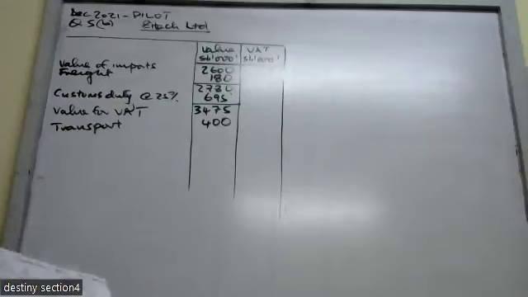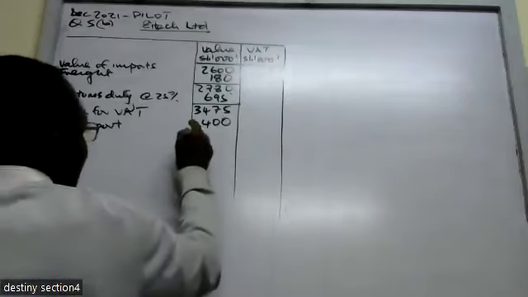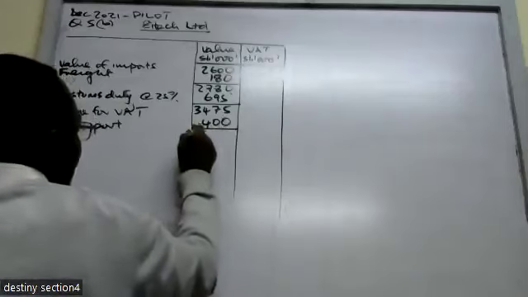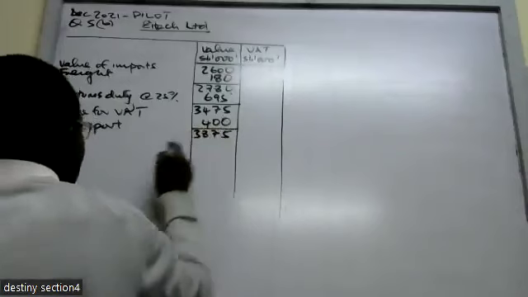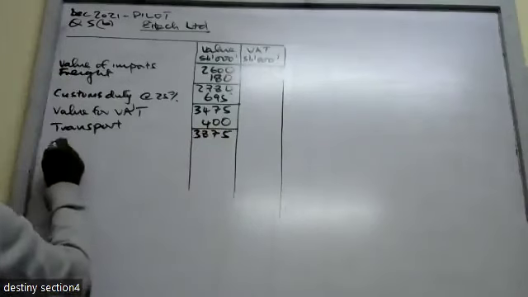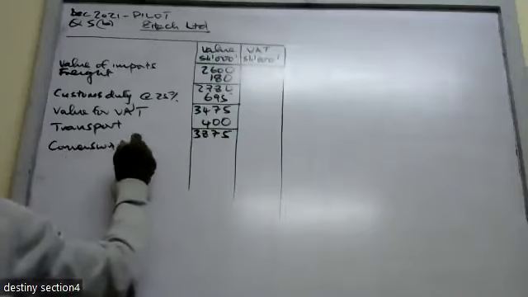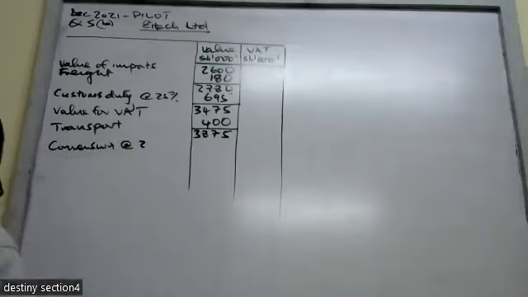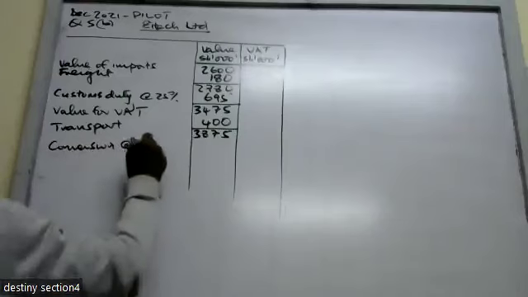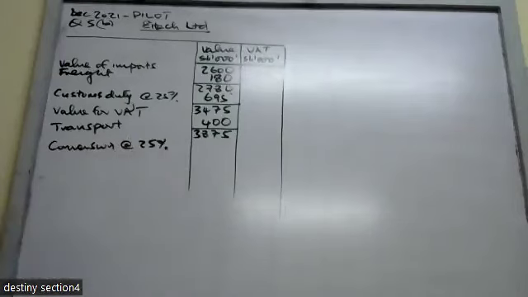So you add transport here, it's 400. By the time the goods get to the warehouse, the cost is 3,875. Then I incur conversion. Conversion is labor, maybe overheads, and so on. Conversion is 25% of the costs up to that point.